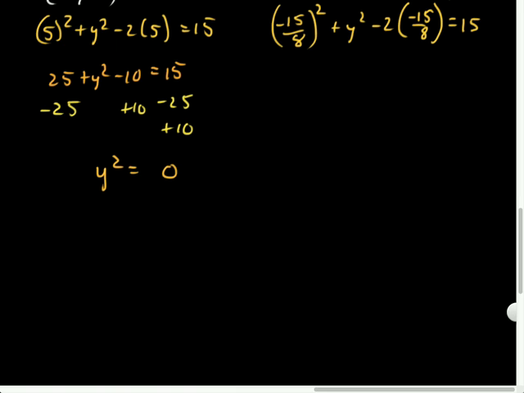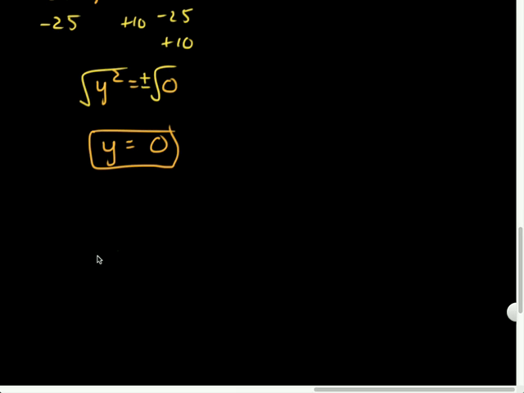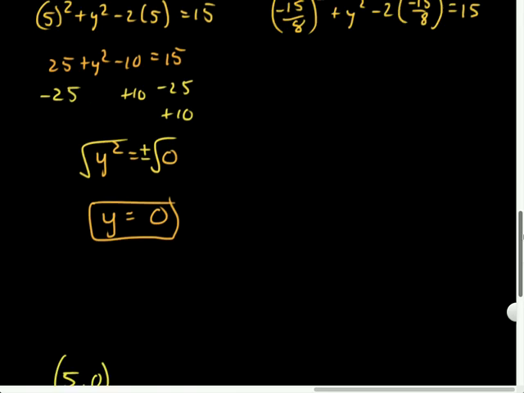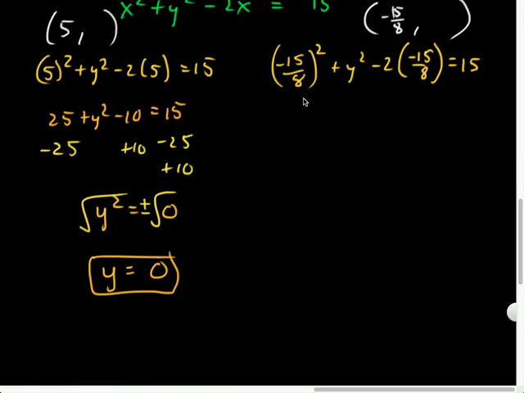What? Check this out. When I root both sides, I get plus or minus the square root of 0. So I get 2 answers, but really it's just 1. y equals 0. So one of my solutions is 5 comma 0. All right, and now let's see what happens here.